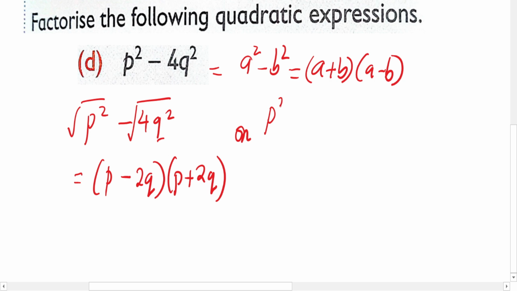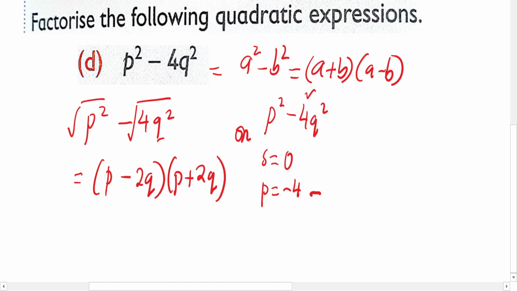So since we have p squared minus 4q squared, your sum is basically 0 because you don't have anything in the middle, and your product is still minus 4. Which are the two numbers? If you add, gives you 0. If you multiply, gives you minus 4. That is minus 2 and plus 2. Those are your factors.